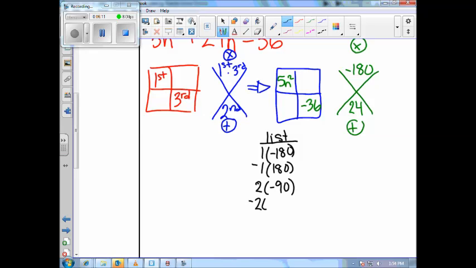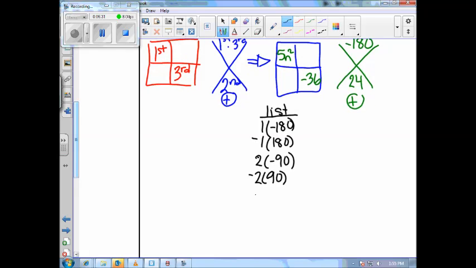And negative 2 times positive 90. Okay, so we've done 1, we've done 2. Does 3 go into 180? You can think of 18. 3 times what number is 18? 6. So 3 times 60. Now in this case, we're going to have to make it negative 60.